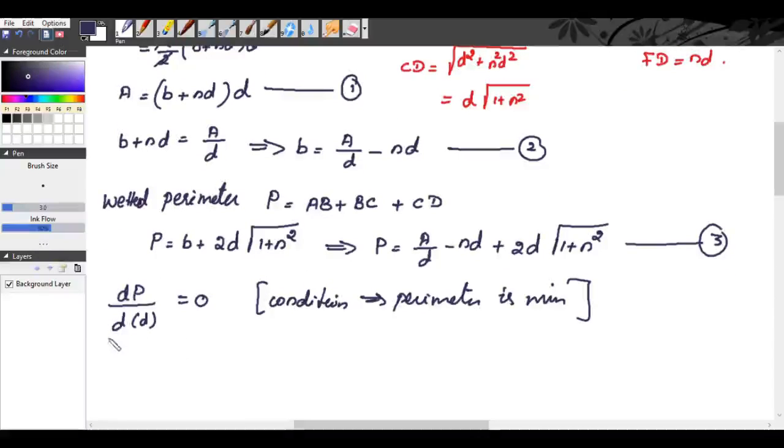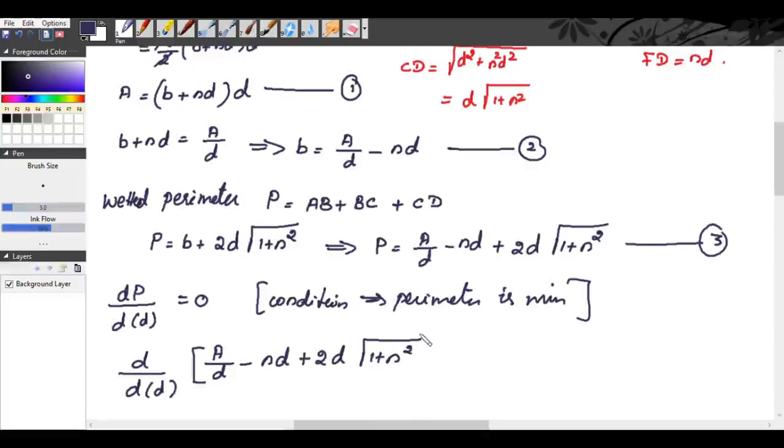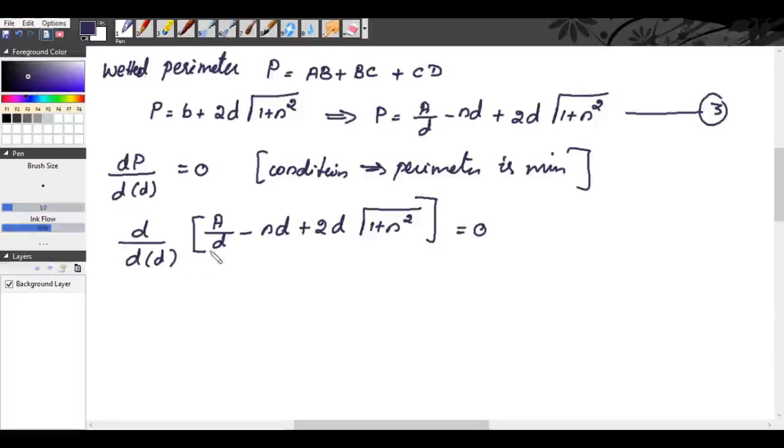What we get is d by dD of, what is P? A by D minus nD plus 2D into root of 1 plus n square is equal to 0. So differentiating with respect to D, differentiating A by D, we get minus A by D square.